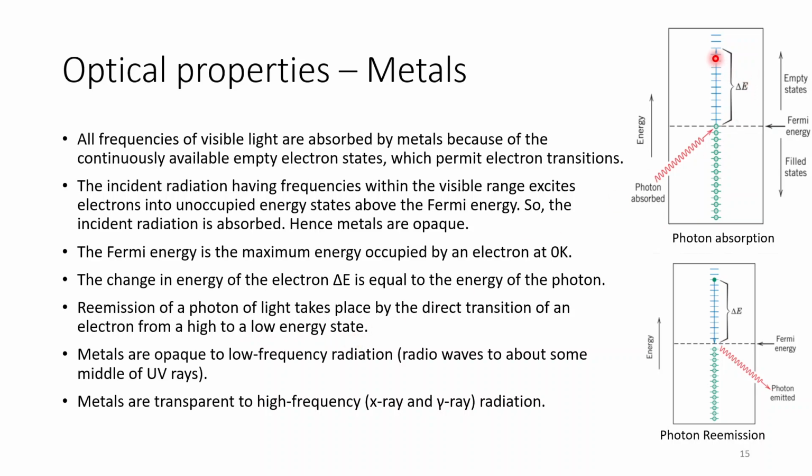This electron can't stay in this position for long, so it will come back, and after coming back, a photon will be emitted. The energy can be different or it can be similar. So metals are opaque to low frequency radiation such as radio waves up to about the middle of the ultraviolet range, and metals are transparent to high frequency radiation such as X-rays and gamma rays.